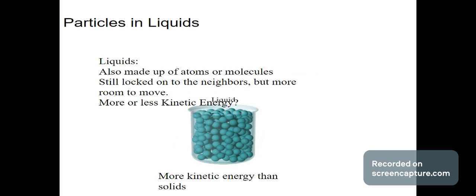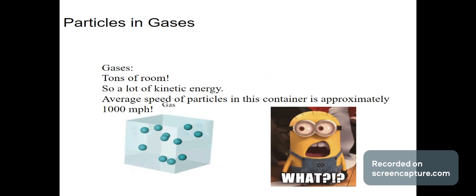Liquids are made up of atoms as well, and they're more like neighbors because they move around one another, they slide around one another. They're not necessarily a gas and not a solid unless they're frozen, but they move around and they have more kinetic energy. And gases have a large amount of kinetic energy because they move away from one another. They go in every direction that they can, as far as the container.